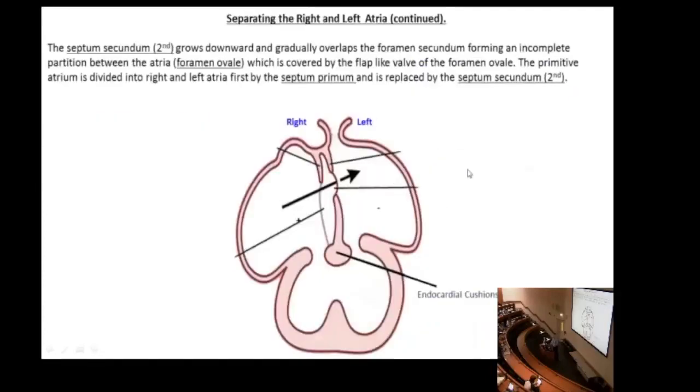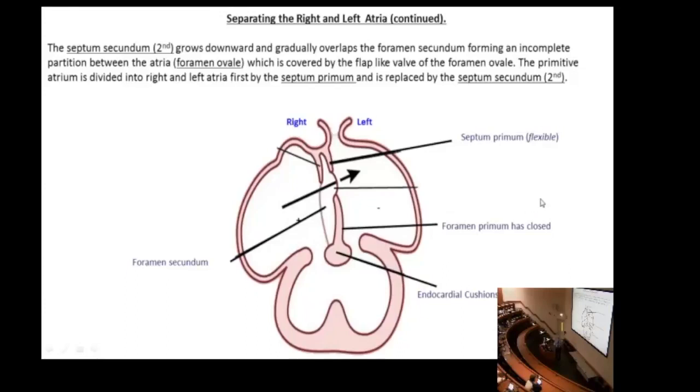So let's look at this again. We have the septum primum, and as it is pulled down, it's actually going to close. And as it closes through programmed cell death, we have a foramen secundum develop. And that all happens in that first septum.